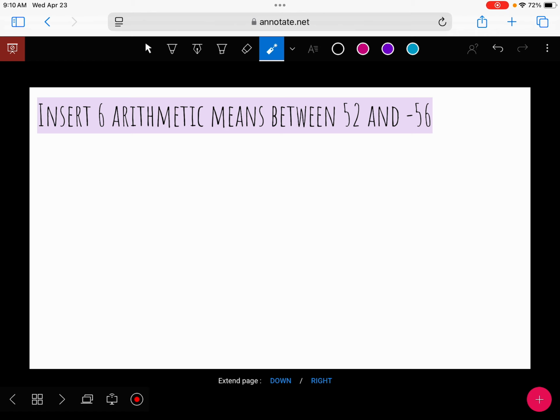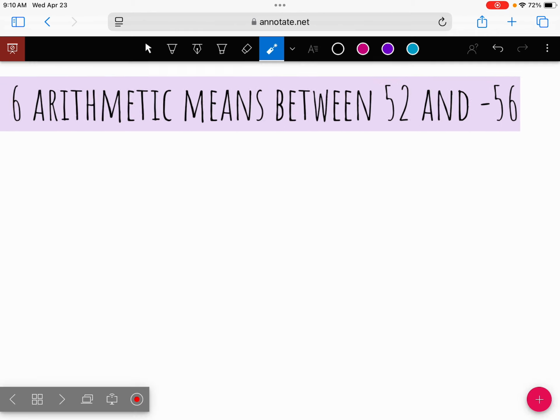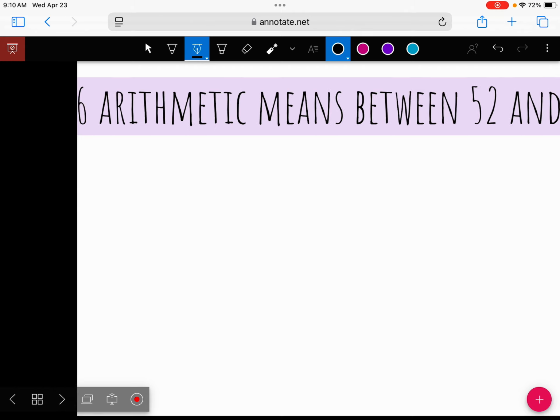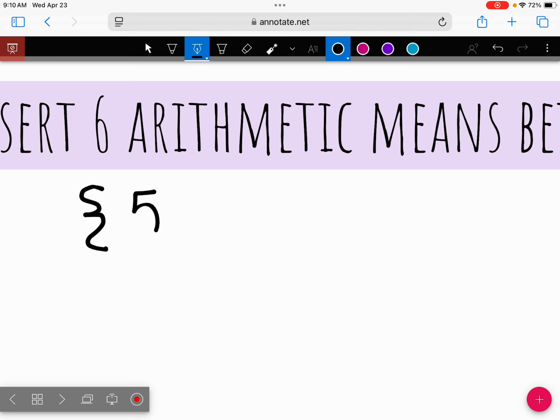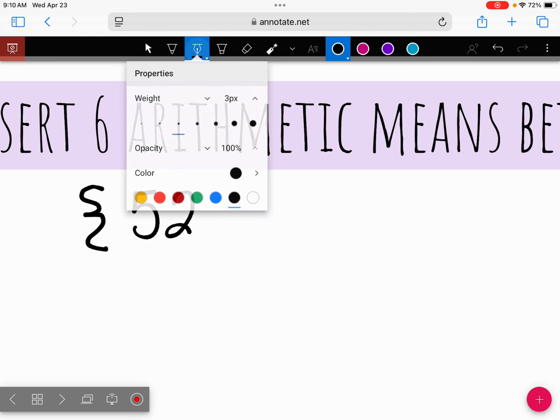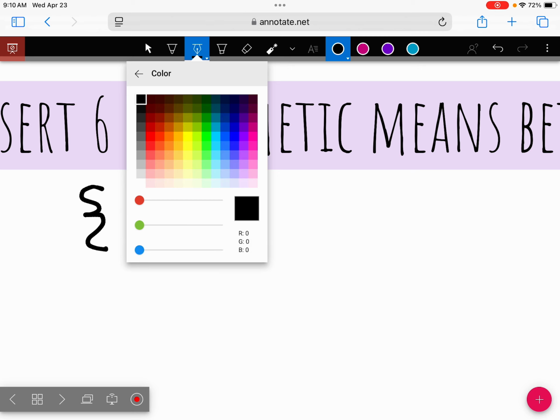So that means my first term is 52 and my very last term is negative 56. So when we're looking at our set here, we're going to have our first term as 52, and then we want to put 6 new things in between.